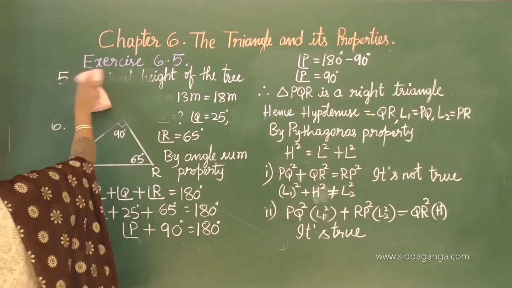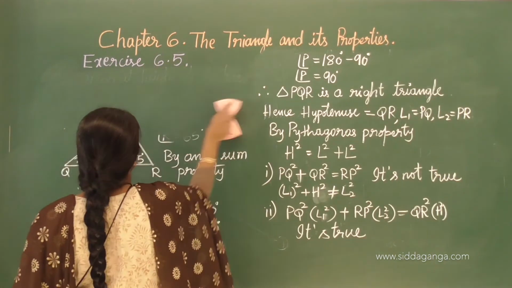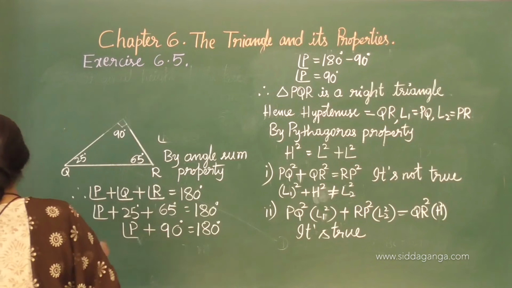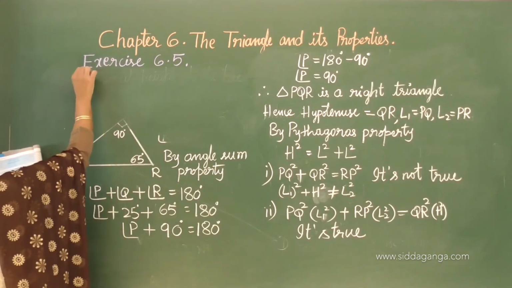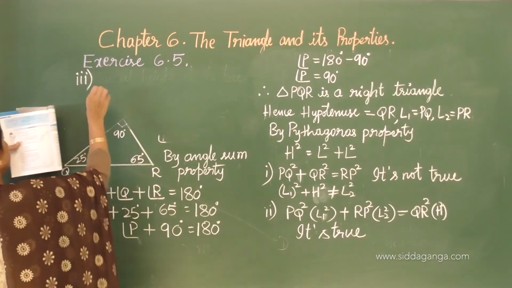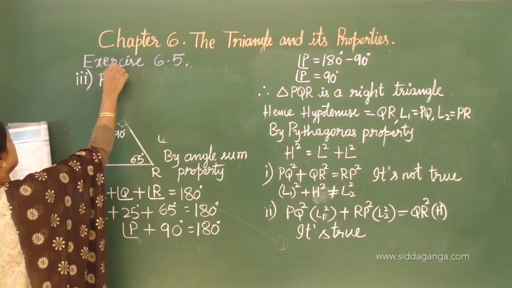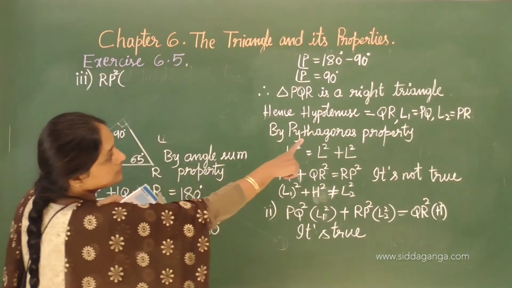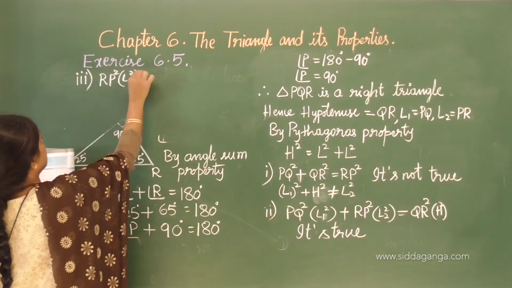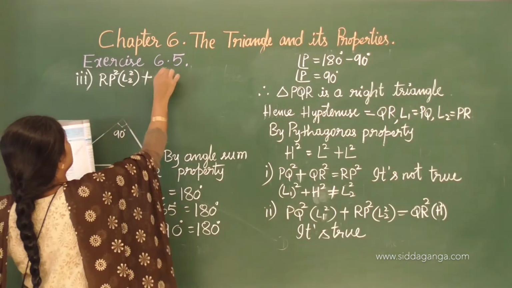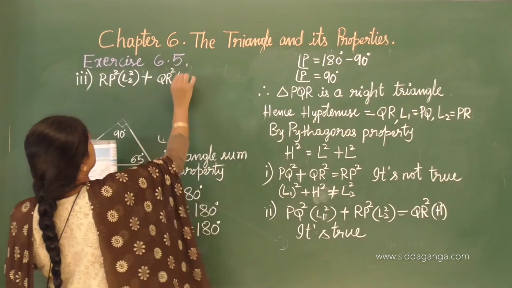Which is the third one? Directly we can write. The third one given is RP square. What is RP? That is L2 square plus QR square. QR is h square.